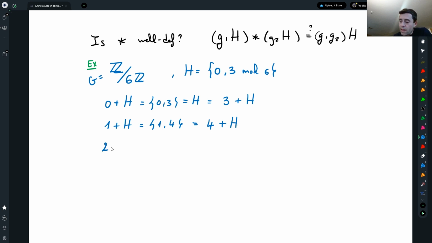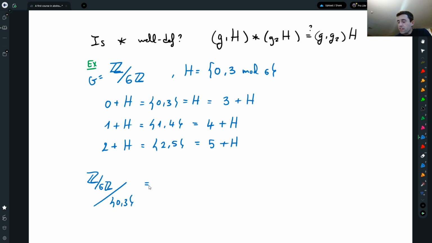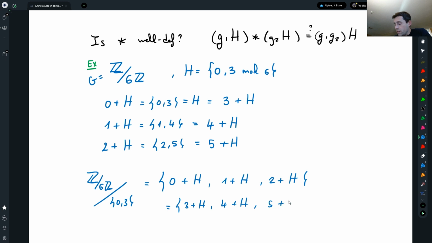So I get the same thing, and 2 plus H is 2 and 5, but that is the same as 5 plus H. So the set of cosets, Z modulo 6 mod the subgroup generated by 3, is going to be 0 plus H, 1 plus H, and 2 plus H. But the problem is that they all have other names. I could also have said this is 3 plus H, this is 4 plus H, and this is 5 plus H.